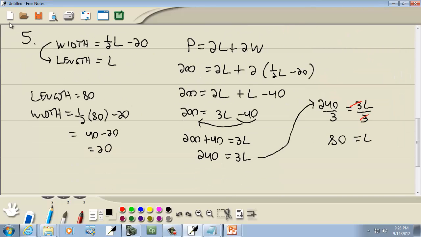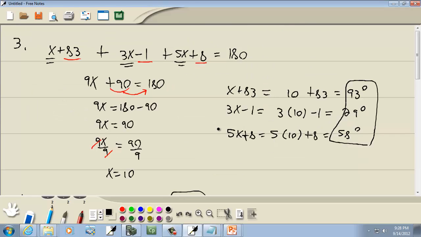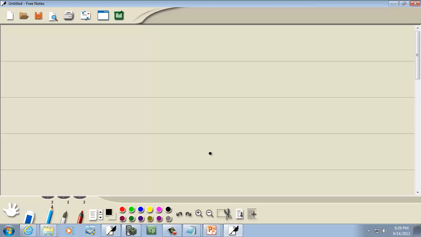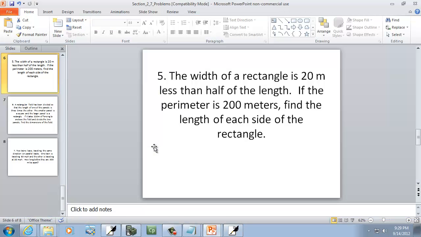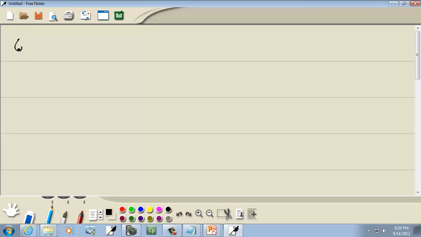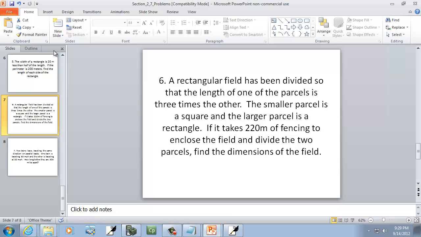And let me start a new page. And let's look at the next problem. Okay, so a rectangular field has been divided so that the length of one of the parcels is 3 times the other.